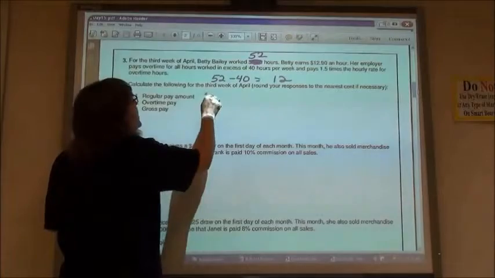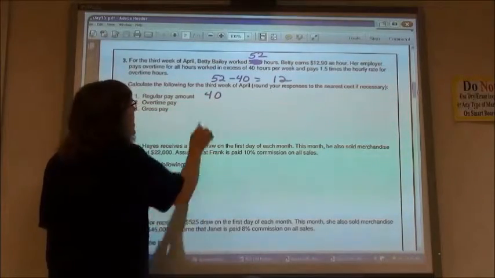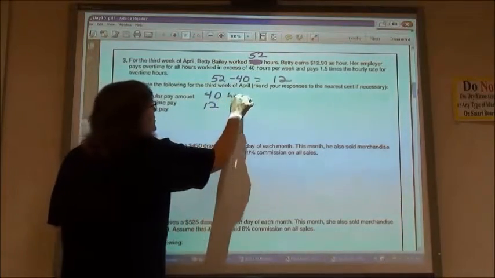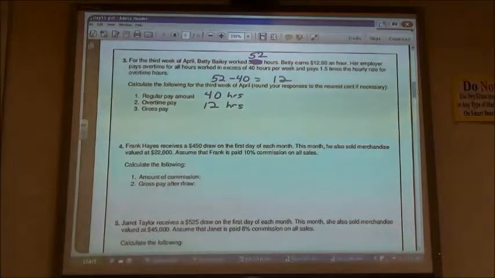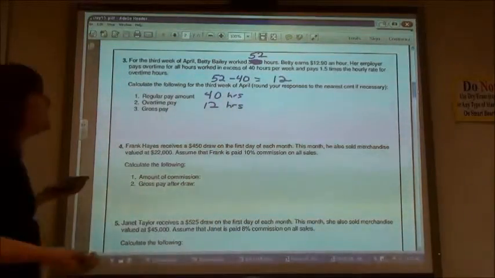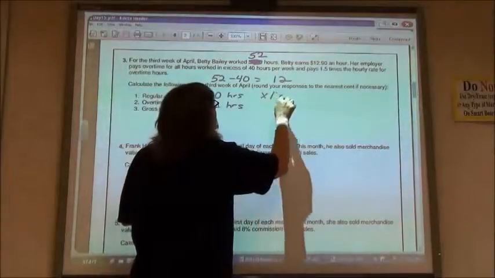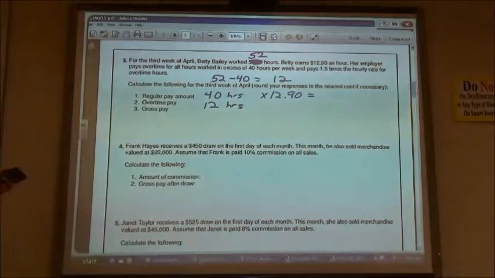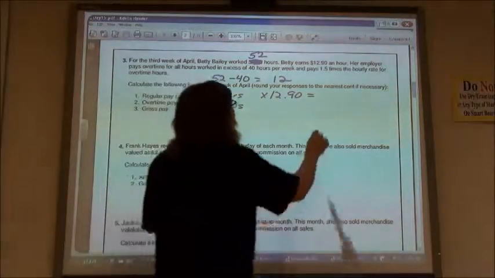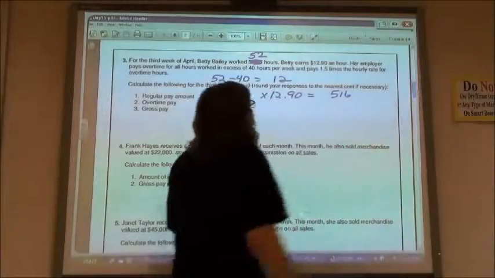So we have 40 hours of regular pay, 12 hours of overtime pay. So her regular pay amount, we're going to take the 40 hours times the $12.90. So if I take 40 times $12.90, her regular pay is $516.